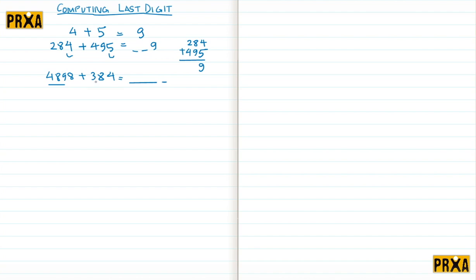And in the number 384, I ignore 3 and 8. So 8 plus 4 should give me my last digit. However, 8 plus 4 is 12, so I cannot write the entire 12 here. I'll just use 2, because 1 gets carried over and we do not account for it when computing the last digit. So this is how finding the last digit in an addition goes.